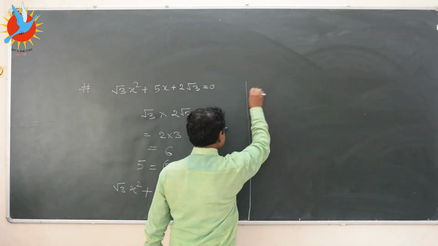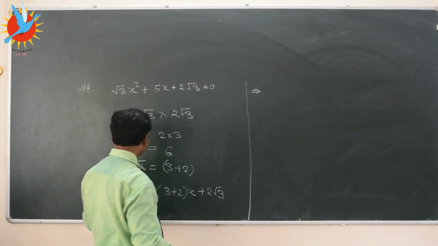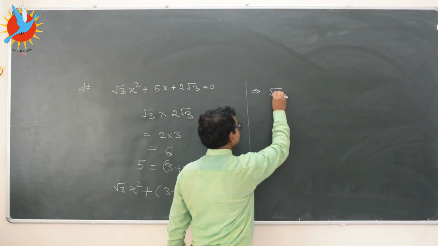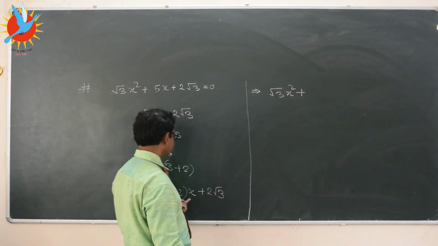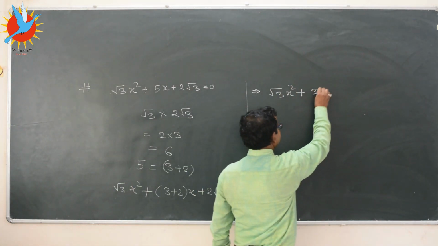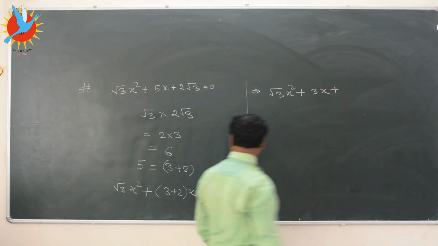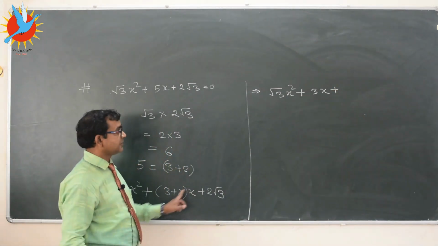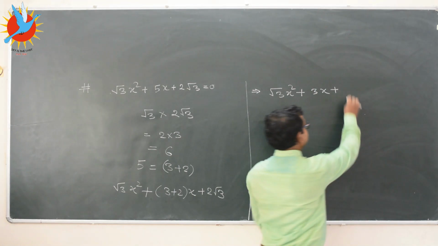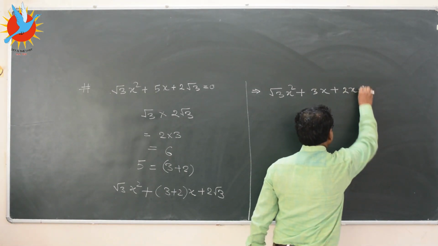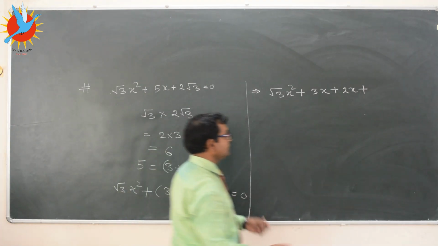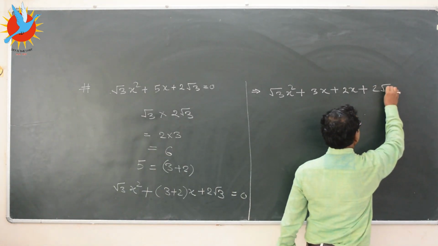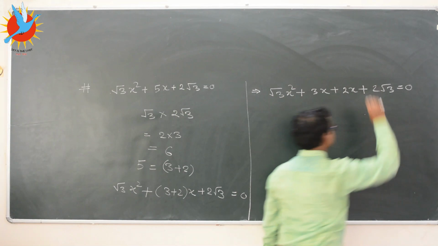Now this implies that root 3 x square plus, open this bracket, this will become 3x plus 2 multiplied by x, 2x, plus the last term 2 root 3, so this will become 2 root 3 equal to 0.